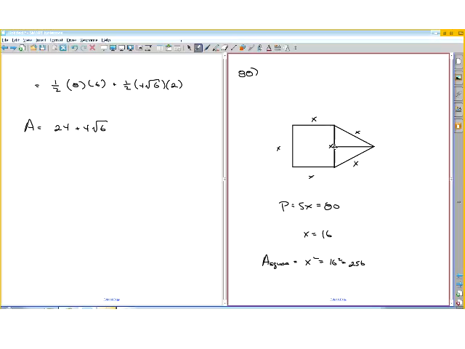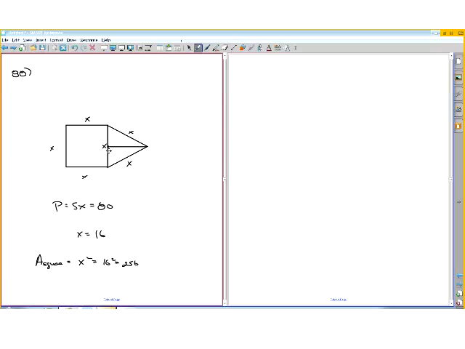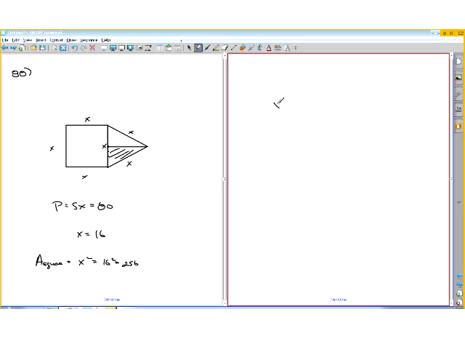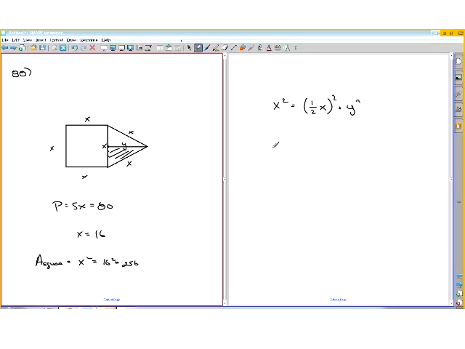So if this is x, then this is 1/2 x. And using the Pythagorean theorem on this triangle right here, x squared is equal to 1/2 x squared, which is this side, plus the unknown, which we'll call y squared. So we'll call this height y.